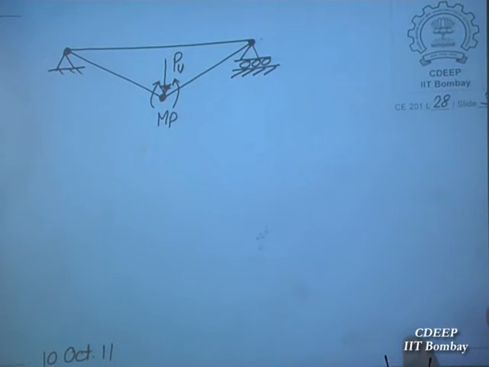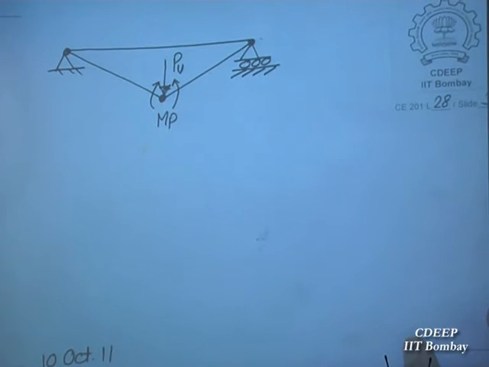Two straight lines, it is called a mechanism. It forms a mechanism.